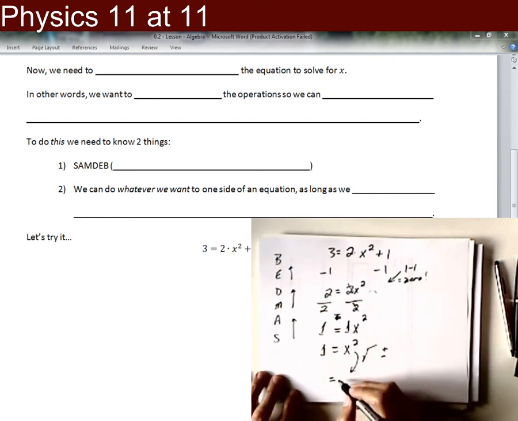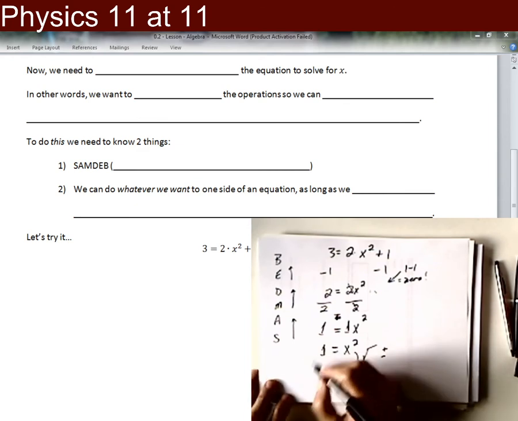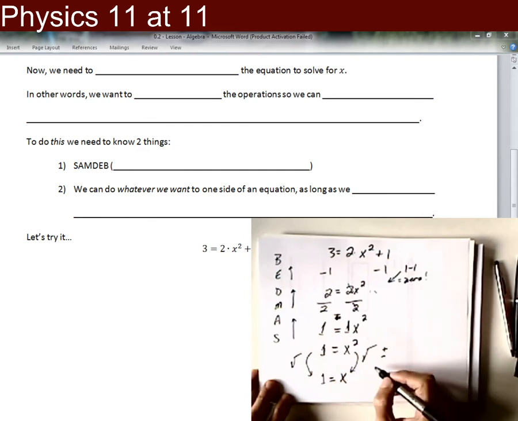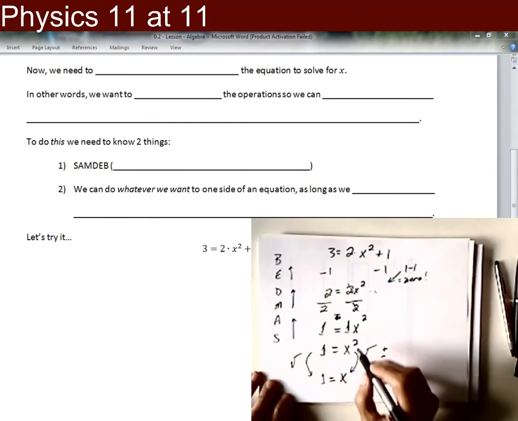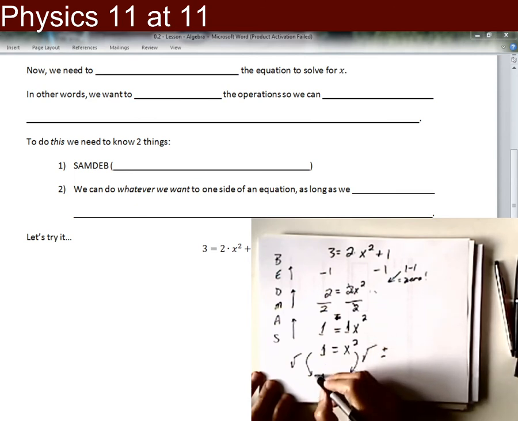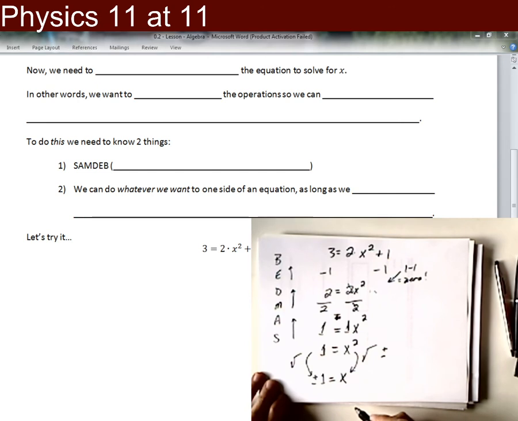So square rooting x squared, you get x. And then you got to square root this side. Well, what's the square root of 1? Right, 1. Now, because we're square rooting x squared, we get a plus and minus 1 showing up. That's the deal.